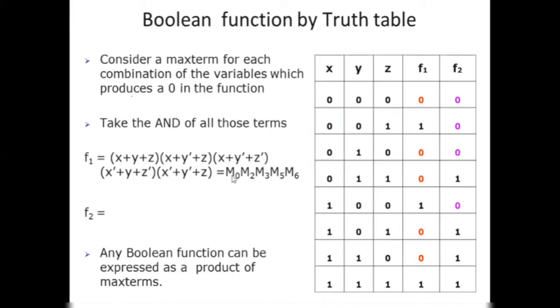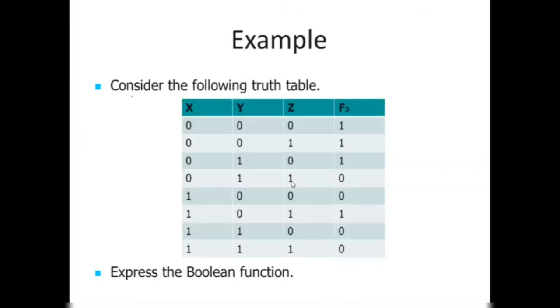So you can see M0, M1, M2, M3, M4, M5, M6. The other function also can be represented. You can consider this truth table, and now you can express the function either using min terms or max terms.